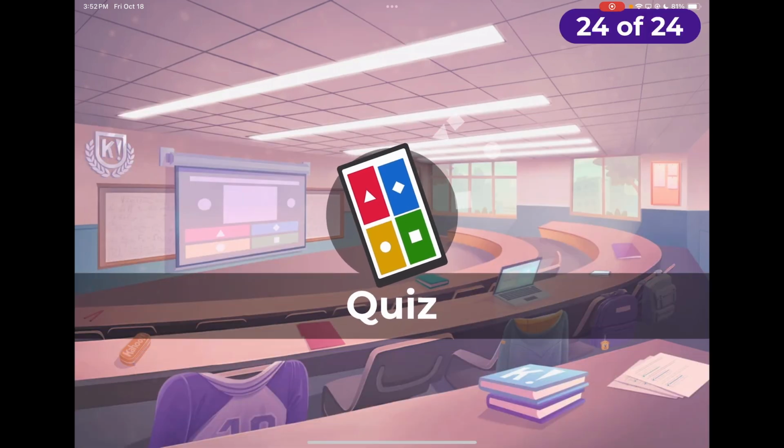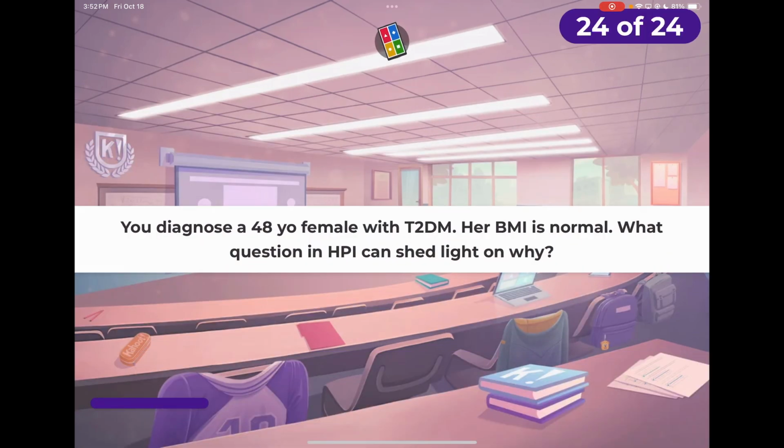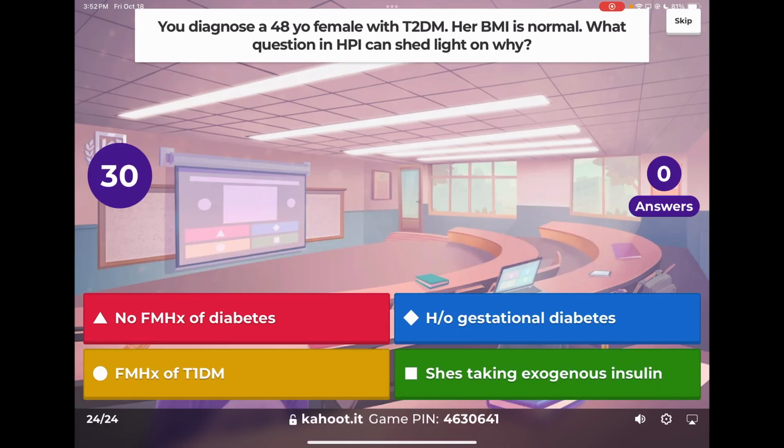Okay, last question. You diagnose a 48-year-old female with type 2 diabetes, BMI is normal. What question in the HPI can shed light onto why she's got type 2 diabetes? Goes to your history taking.